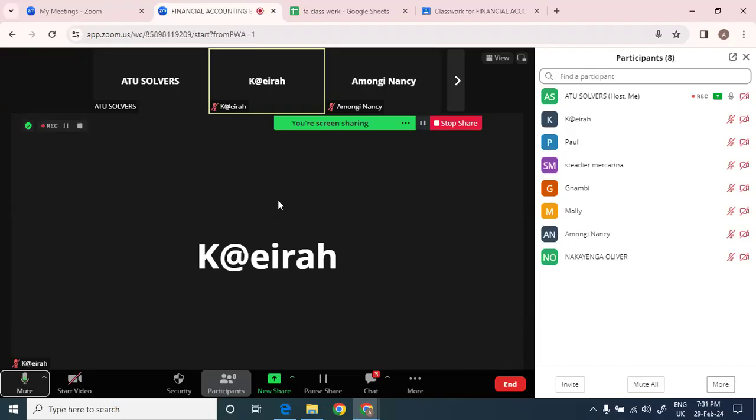Lastly, the initial estimate of unavoidable costs of dismantling (in brackets, assembling) and restoration of the site.